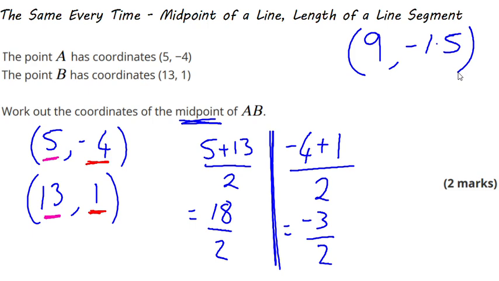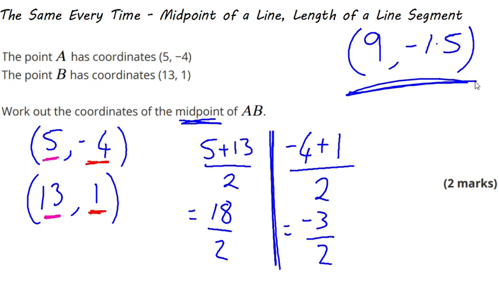If you do get a fraction answer and it does not make a nice decimal, and by nice decimal I mean a decimal that stops, then you should not ever, in this kind of question, write it as a rounded decimal. No, leave it as a fraction. But that one, -3/2, makes a nice decimal, -1.5. So there's my final answer, 9, -1.5.